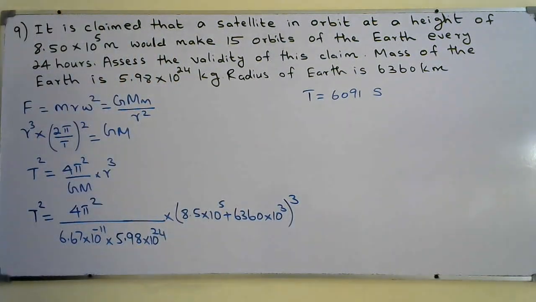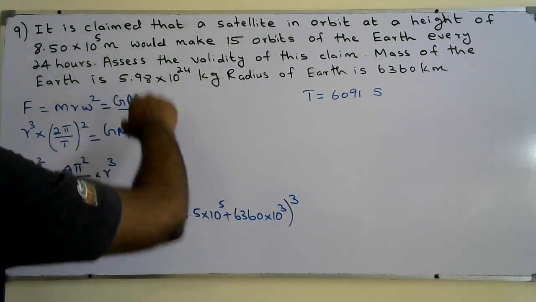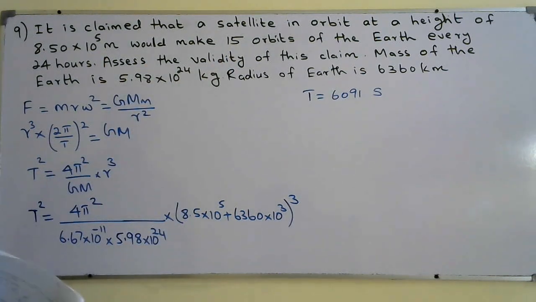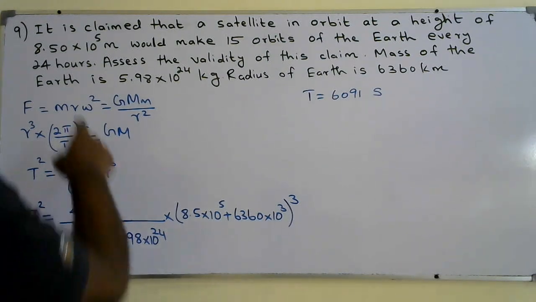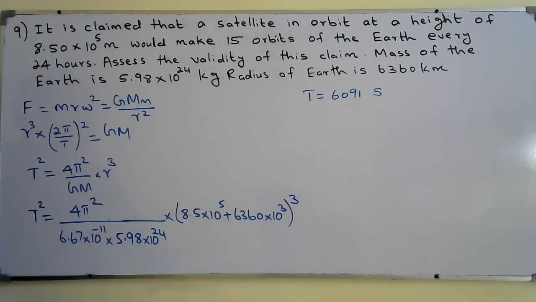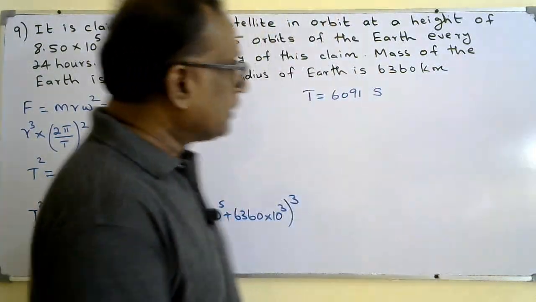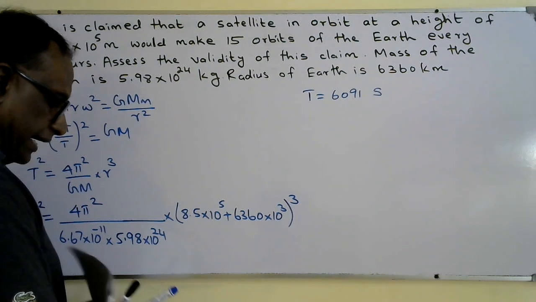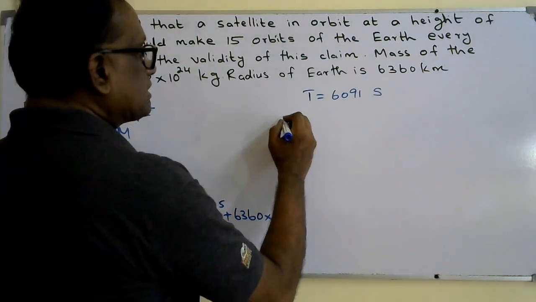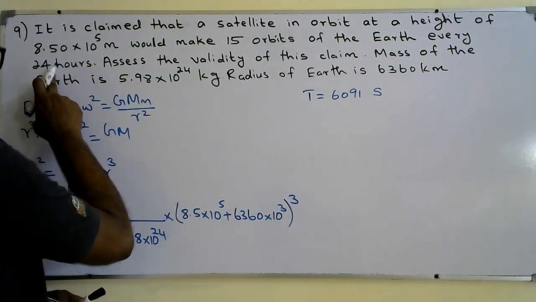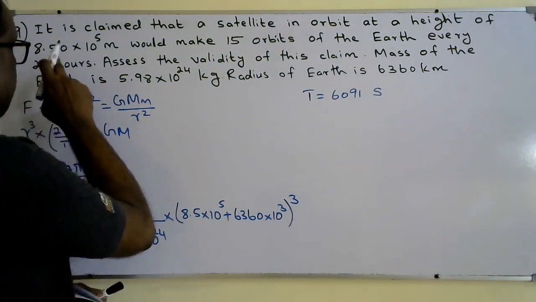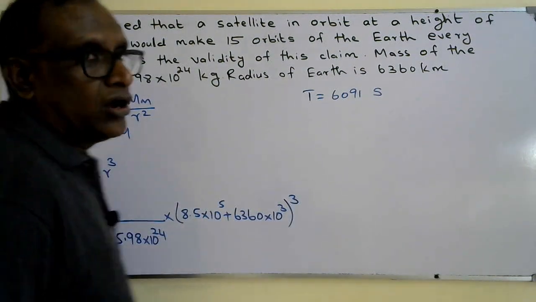Okay, so the period is given as 24 hours, is it? They have given it: every 24 hours. So during 24 hours, how many complete orbits will it make? We know the time period of the orbit. So first convert the 24 hours into seconds and divide it by the time for one orbit. You will get the number of orbits during 24 hours.